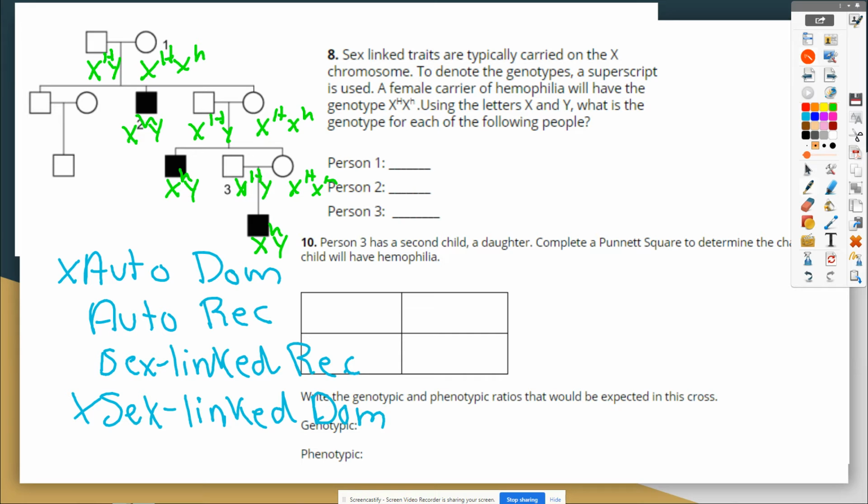So this one, it's worth multiple points per board. I'm giving you very little time to do it. Why am I giving you very little time to do it? Because what was this? Homework.